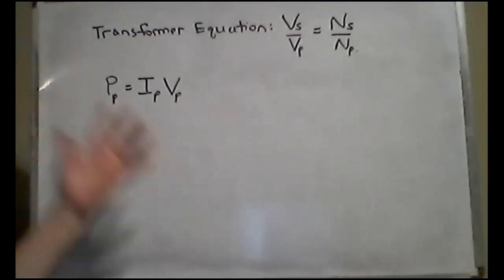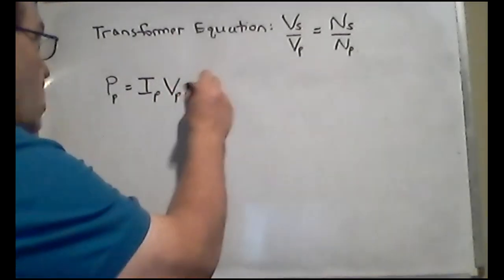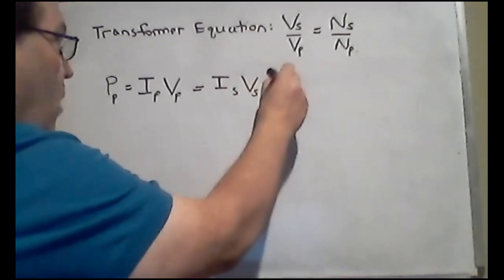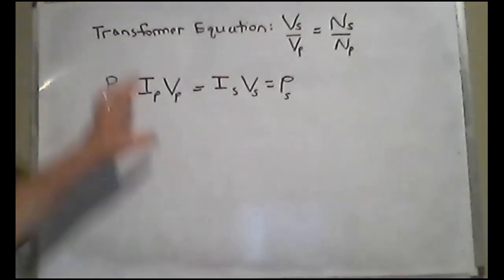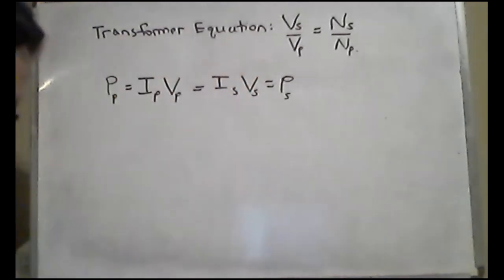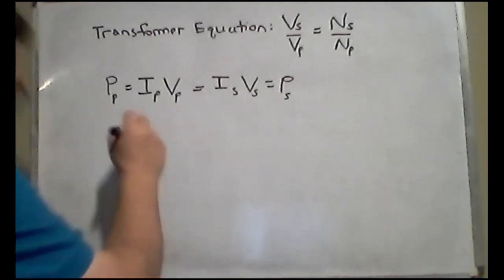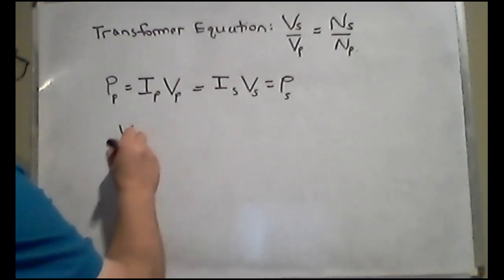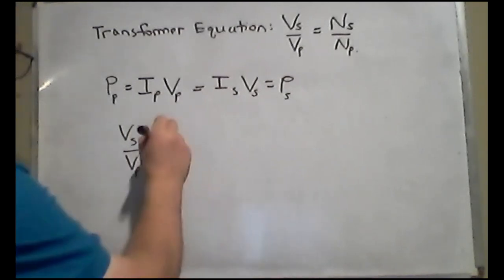And that's also equal to I sub S V sub S, the power at the secondary. We're saying the power at the primary equals the power at the secondary. That means you have this relationship as well: V sub S over V sub P is equal to I sub P over I sub S.